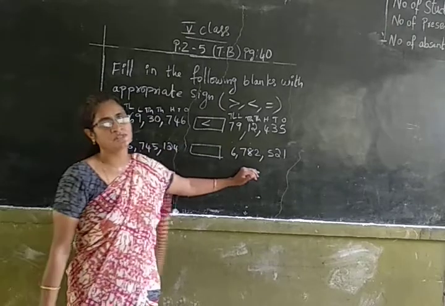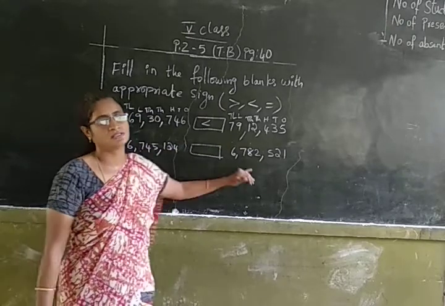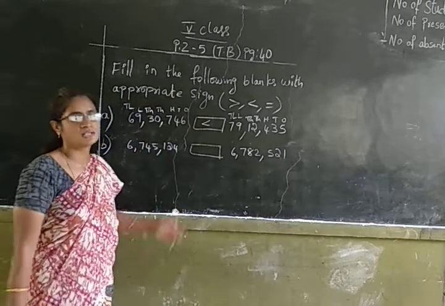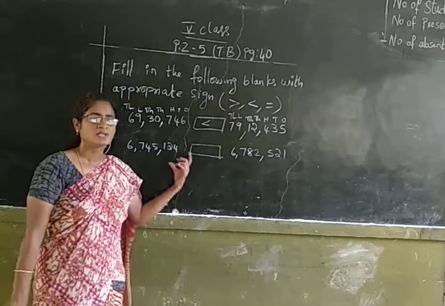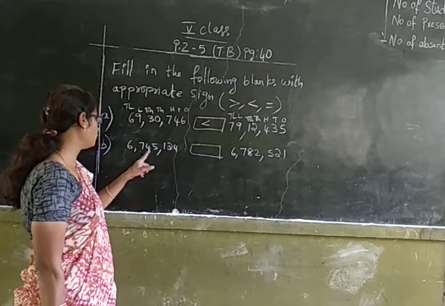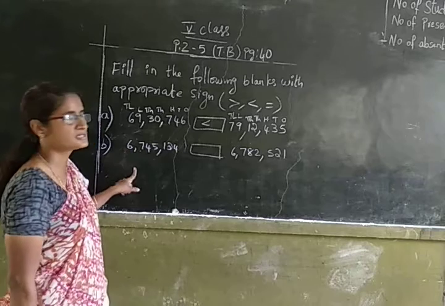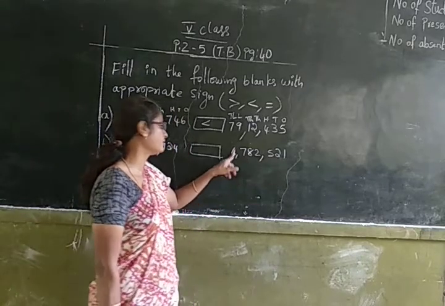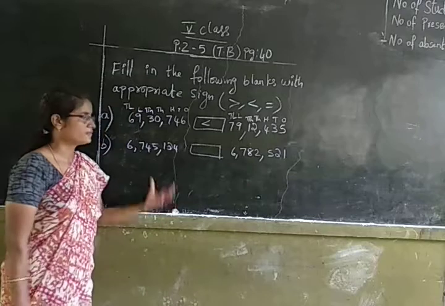Now these two numbers are given in international system. First let us check both the numbers are having same number of digits or not. 1, 2, 3, 4, 5, 6, 7. This is a 7-digit number. 1, 2, 3, 4, 5, 6, 7. This is also a 7-digit number.